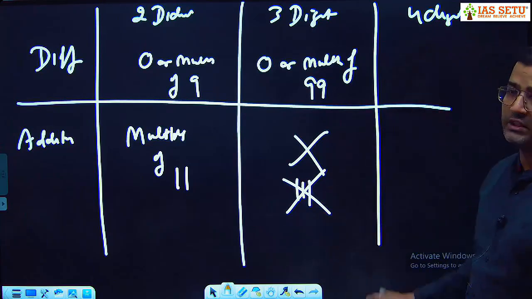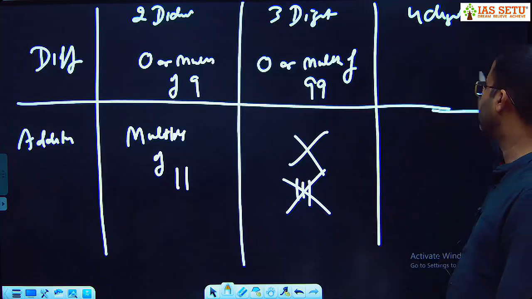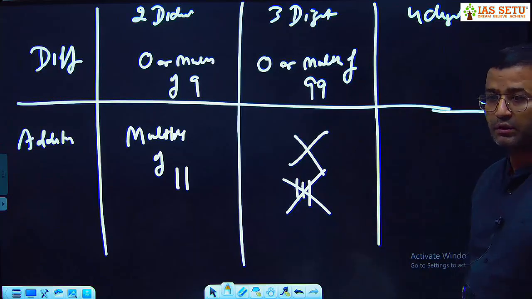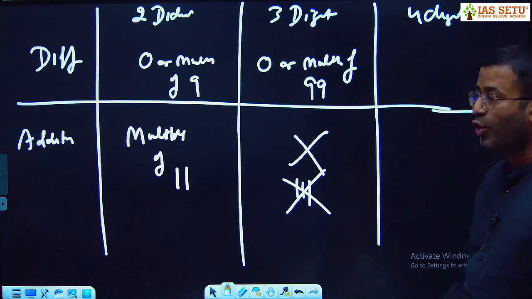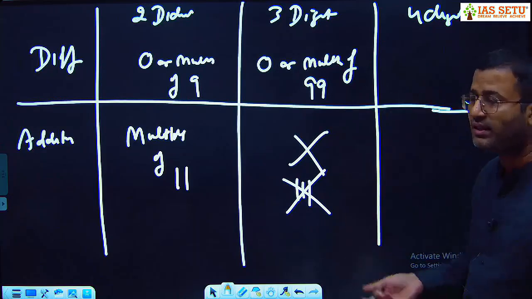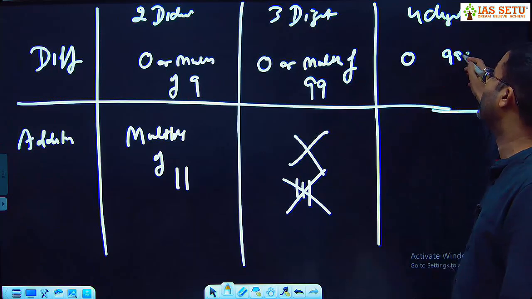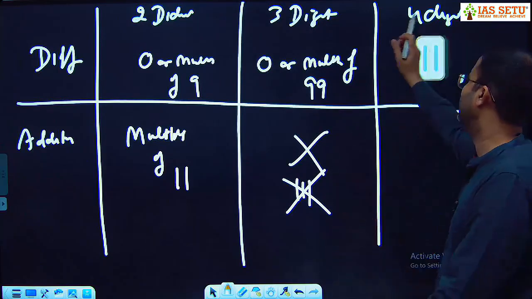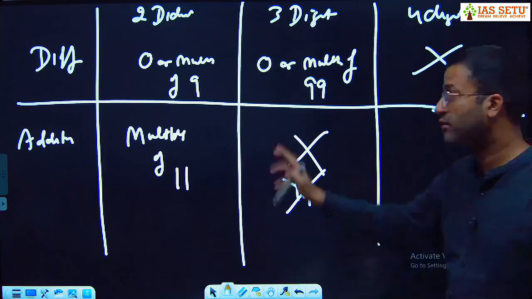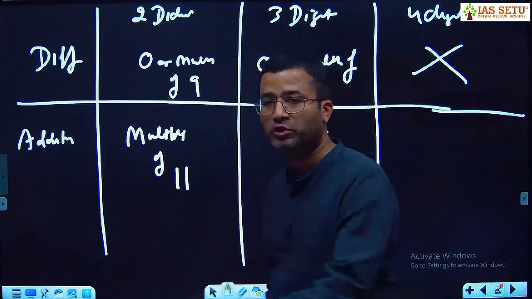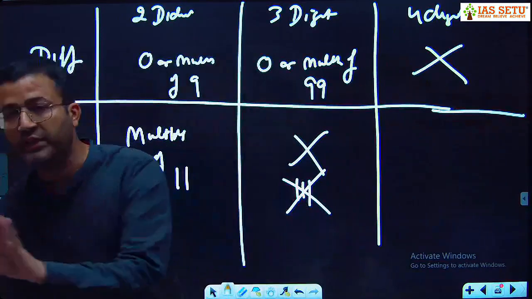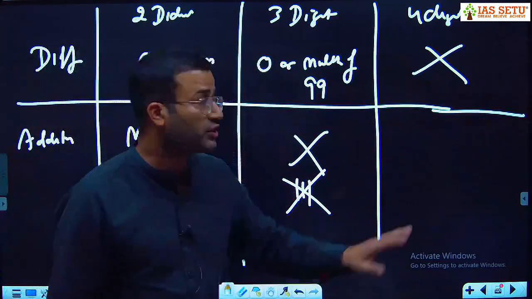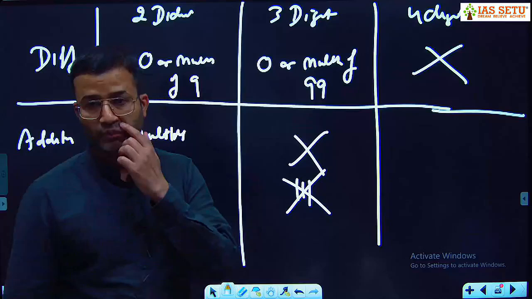Now here, 4-digit number difference. No, don't think. The voice inside you saying it could be 0 and 999, suppress that voice. No. We have a result for 2 digit, we have an observation for 3 digit, for 4 digit we don't have such an observation.